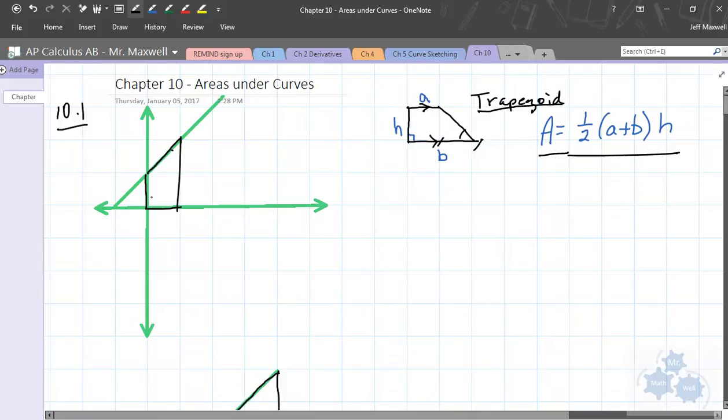And over here on the left, I've got a line, and this is y equals x plus 1. If I ask you to find the area underneath this line, x plus 1, and above the x-axis, from 0 to 1, that shape of that area is a trapezoid.